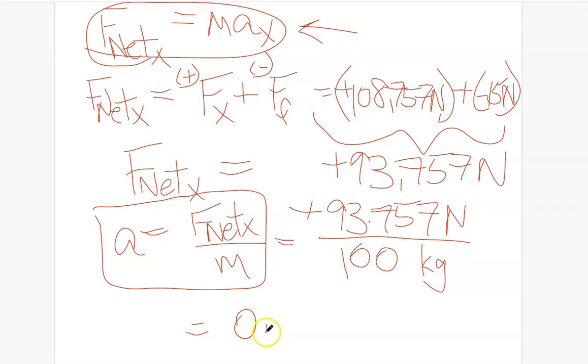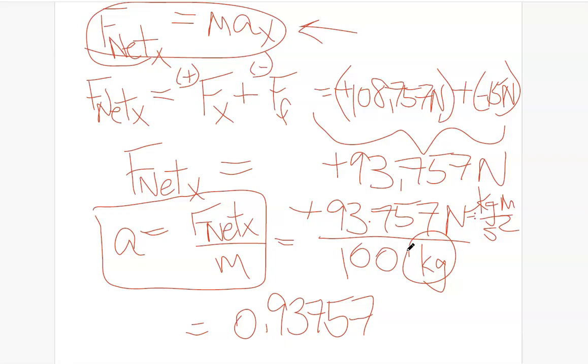It's 0.93757. I know that's a lot of digits. We don't need all of those. And we're dividing newtons, which is really kilograms meters per second squared, and then we're dividing it by kilograms, so that gets rid of the kilograms, so all we're left with are meters per second squared. Do you need to do that?